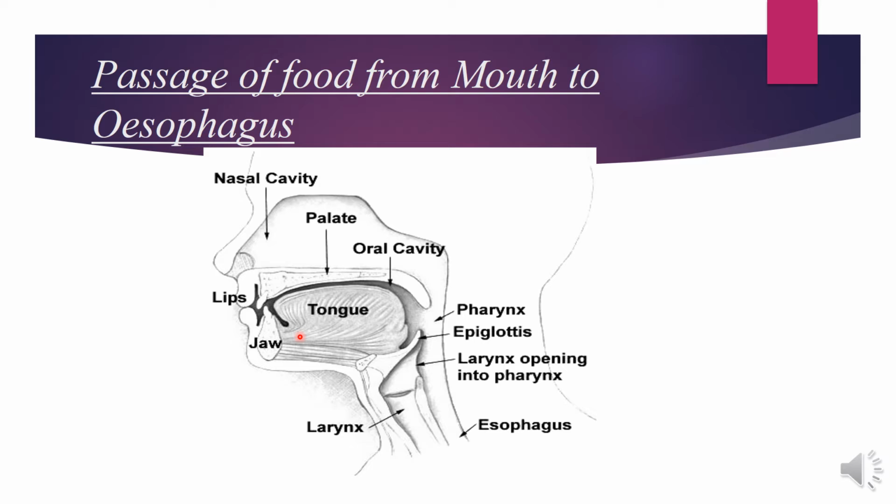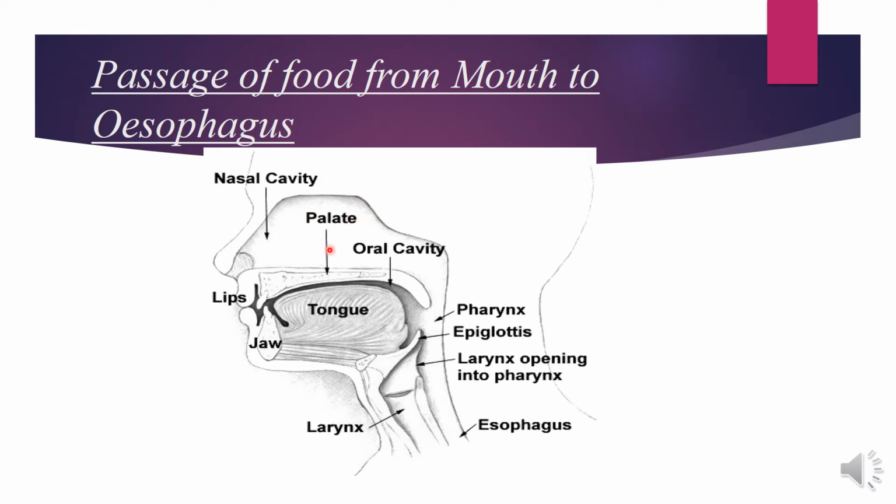That is called mastication. The process of mixing with saliva is called what, students? Mastication. Here we have three pairs of salivary glands. One pair is in the tongue, another pair is in the jaw, and the third pair is in the palate.